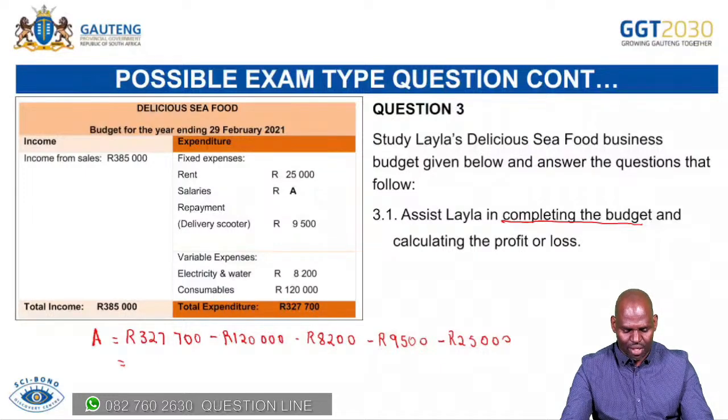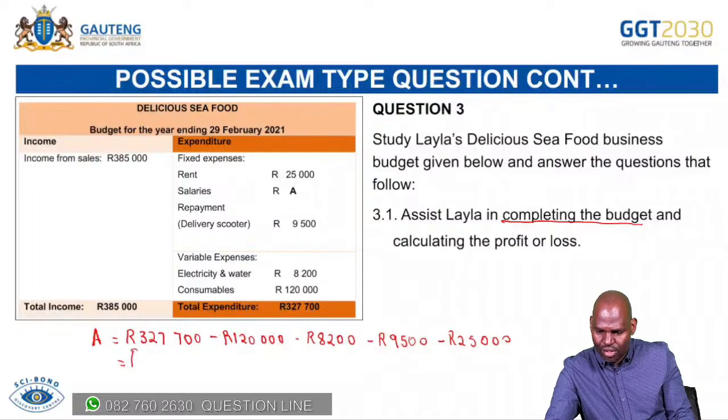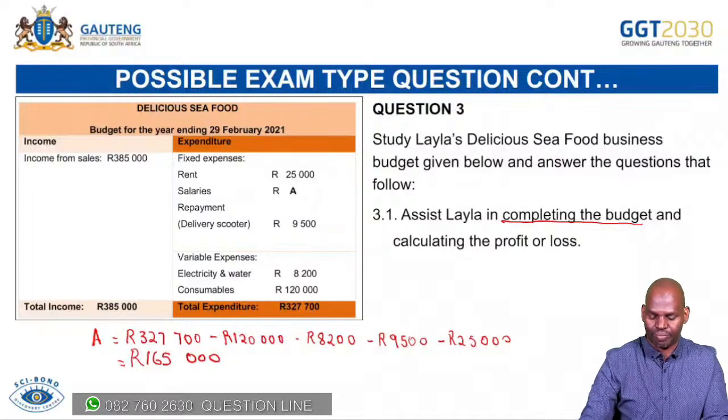And then after subtracting 9,500, I have to subtract 25,000. Then there I get 165,000. It's the value of A.